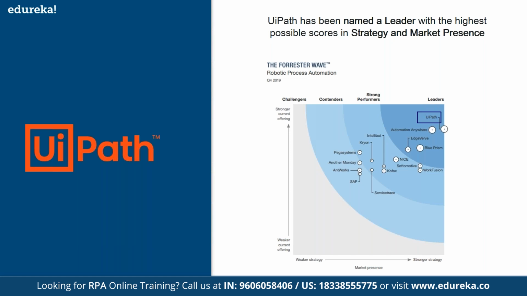You see the quadrant is divided into different categories: leaders on the top right, and then strong performers, contenders, and challengers. This analysis says that under the leaders quadrant, you have UiPath, Automation Anywhere, Blue Prism, and Edgeverve.